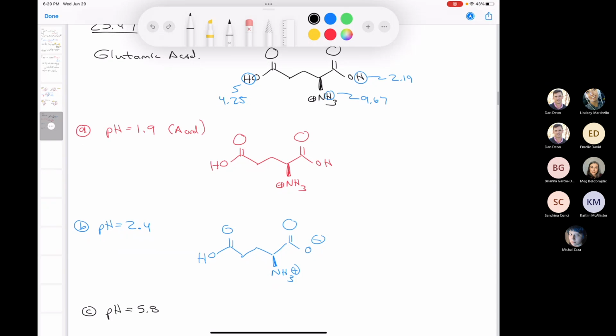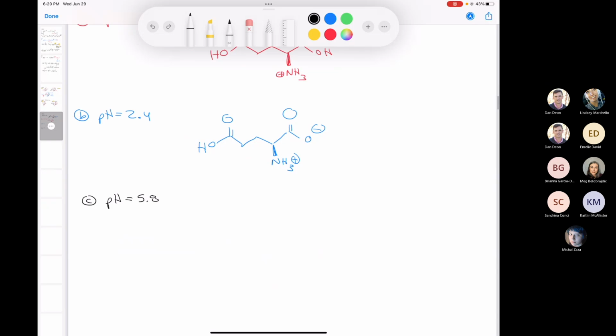And so what we end up with is a structure where the two carboxylates are deprotonated. So we end up with this, both of the carboxylates are deprotonated, and the amine is still protonated. Good. All right, that's something that I think everybody should be able to do.